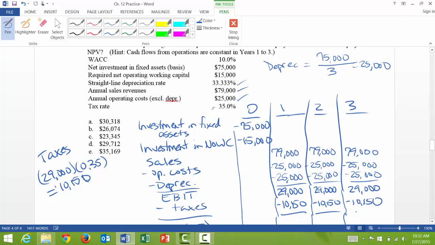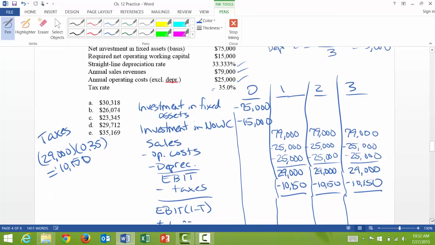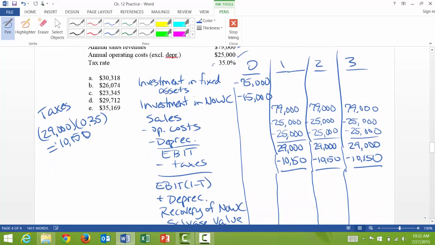And the next part, I'll subtract those two numbers, and I get 18,850. And then I'm going to add back depreciation, so plus the 25,000 that we figured out was depreciation.